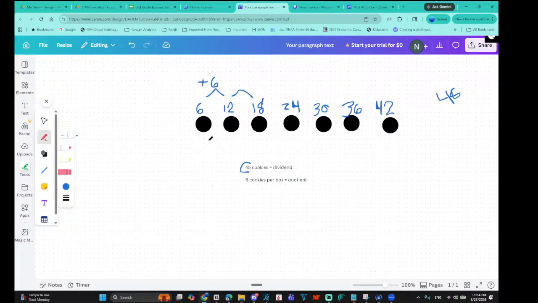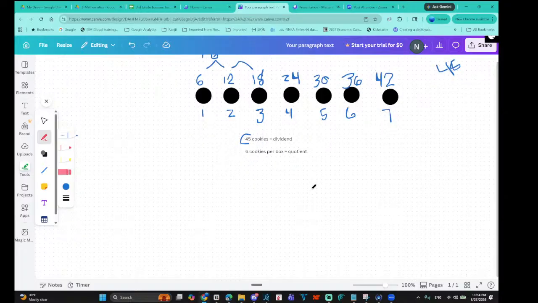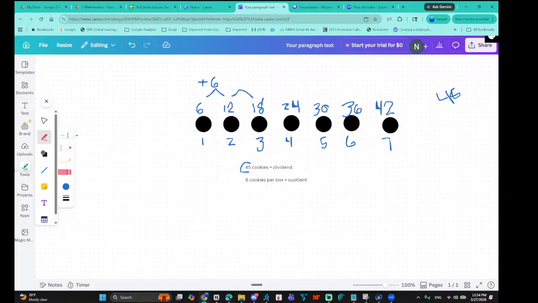So this is 1, 2, 3, 4, 5, 6, and 7 boxes. So there are 7 equal boxes in here.